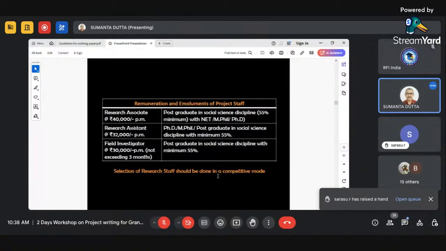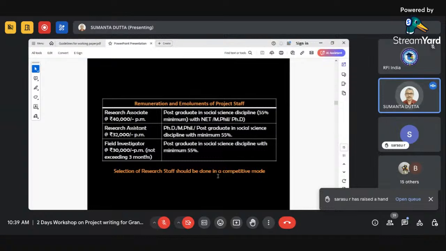But the most important part is that you cannot select those people based on your own choice criteria. You have to give an ad in any daily newspaper, and based on that, you have to invite. You can give the ad both online and offline. Online from your institutional website and offline via a daily newspaper.